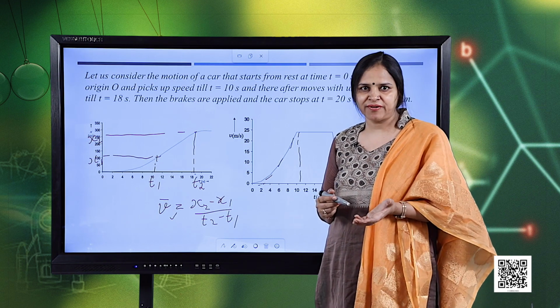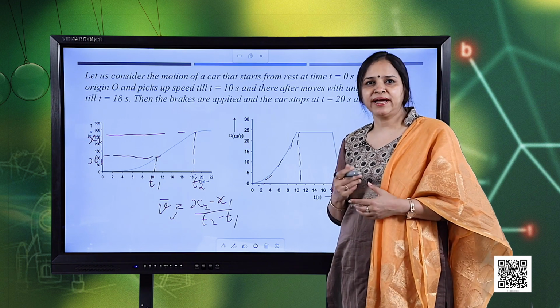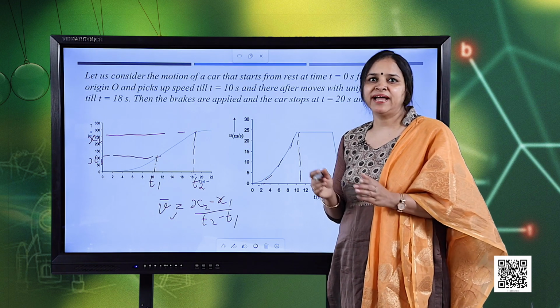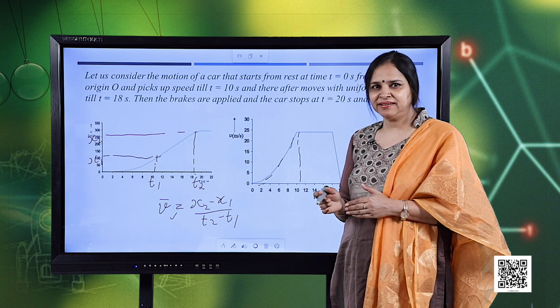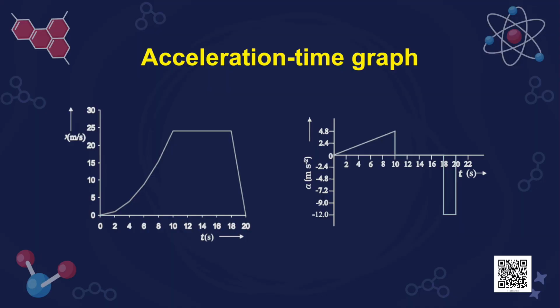Now, let us talk about how we can study acceleration using these vt graph and xt graph. Let us see how we can determine acceleration using this velocity time graph.